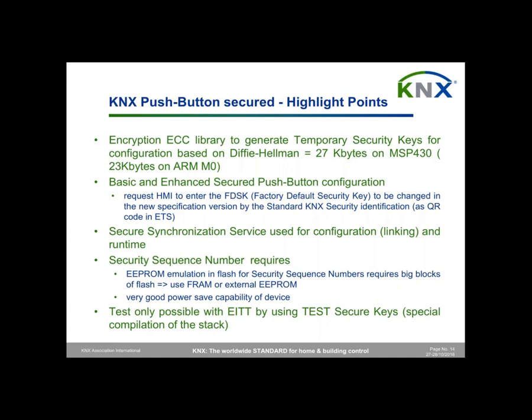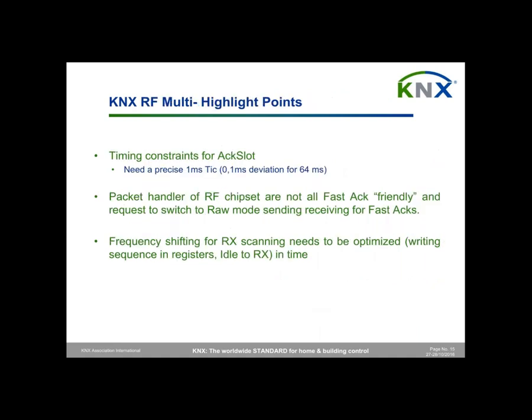Next point I will show is from the KNX RF multi, some requirements, because we say we use the KNX RF multi-frequency solution. I will not enter in details how it works, but there are some requests or some constraints on the different hardware.